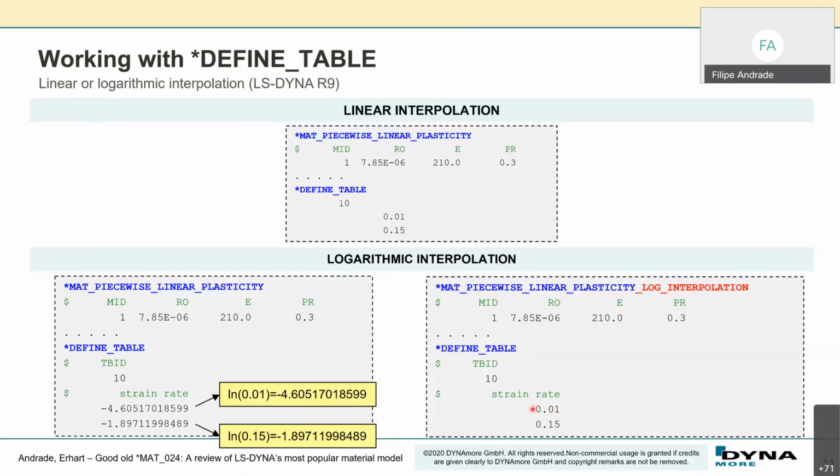You cannot just use 0 there, or you can, but LS DYNA will do something else. That's a problem that you don't have here, because at a certain point there's a maximum number that you can input. So minus infinity cannot be input with this classical way of inputting the logarithmic interpolation.